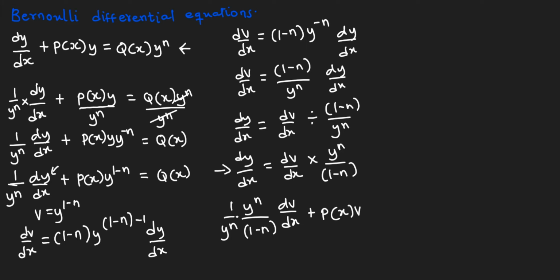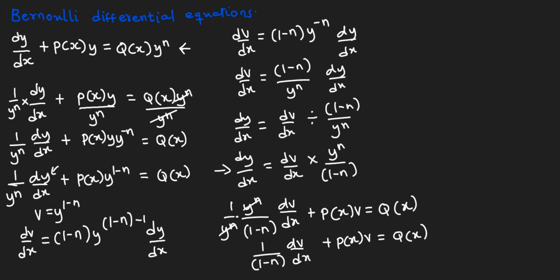So I bring my v here, and this should be equal to q of x. Now let's do some cancellation. This will cancel out this, and then you're going to have 1 over 1 minus n dv/dx, plus p of x v, and this is equal to q of x.